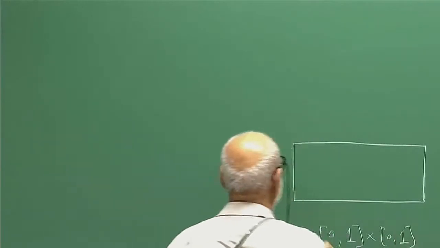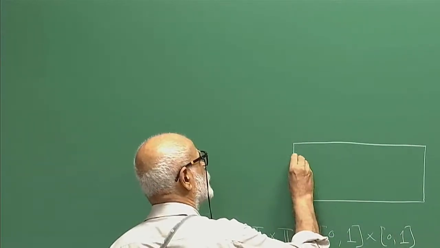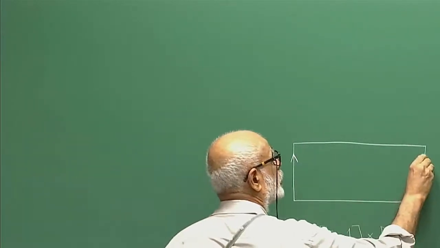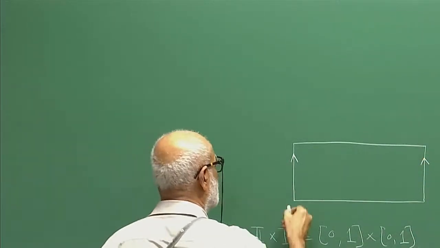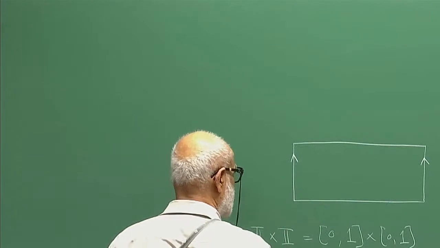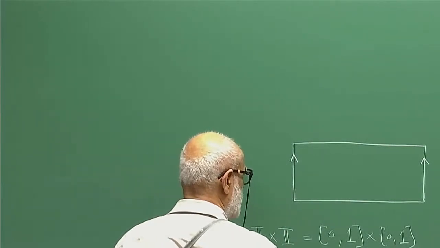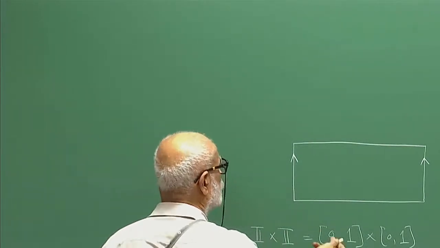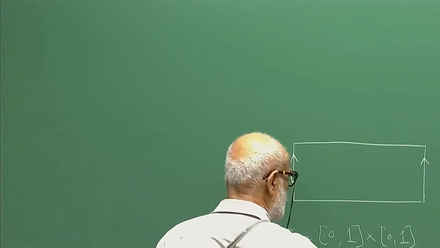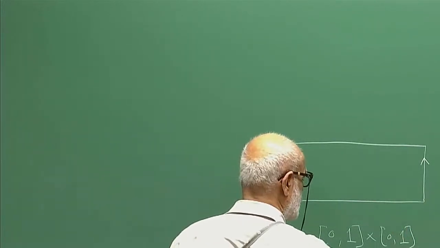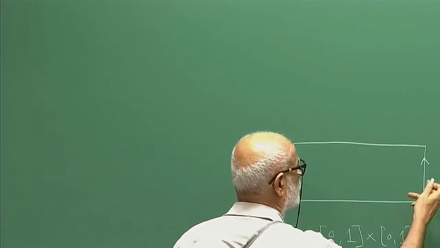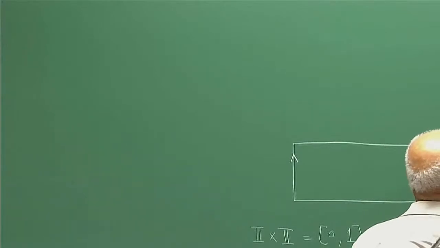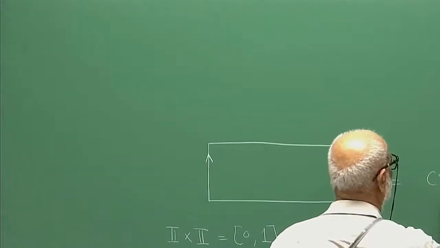And then you identify these two edges, the arrow indicating how you are going to identify. Namely, these points, 0 comma t, with t ranging from 0 to 1, will be identified with 1 comma t. So this will give you the cylinder.